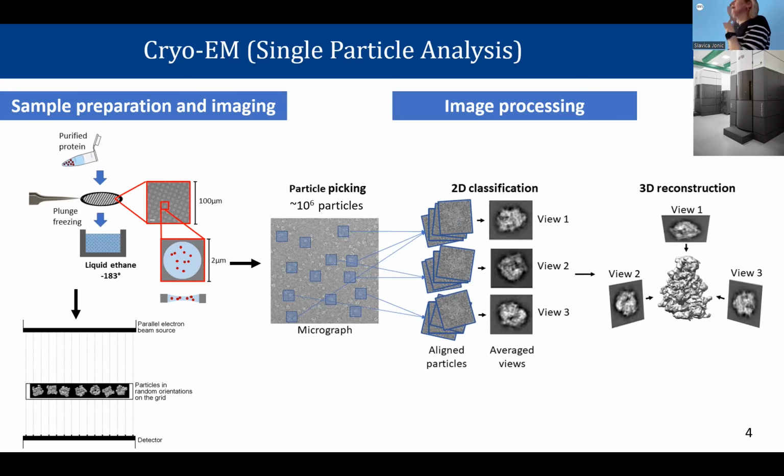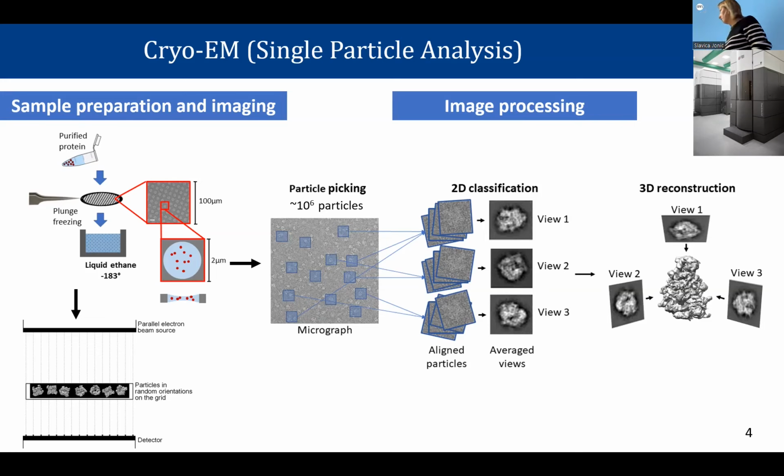However, not only the angles, you also need to determine the centers of these particles. The particles need to be well centered with respect to some imaginary 3D shape. And once you determine the views and center the images well, then you can determine the 3D reconstruction.